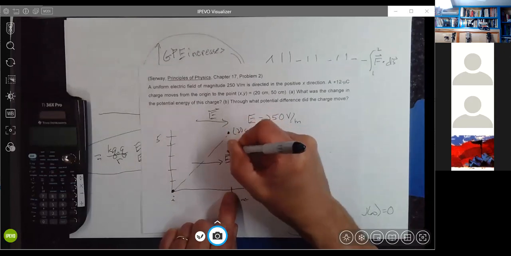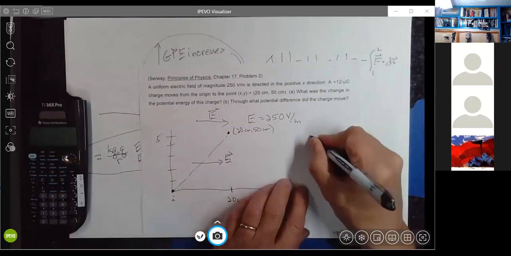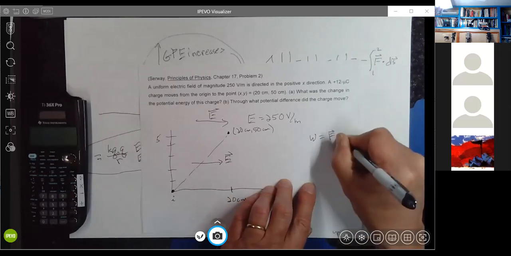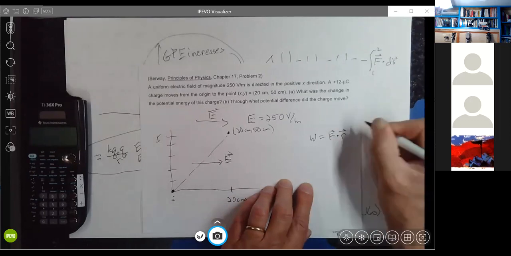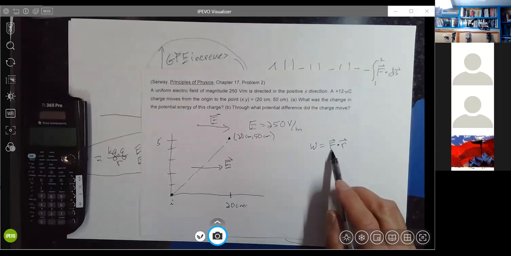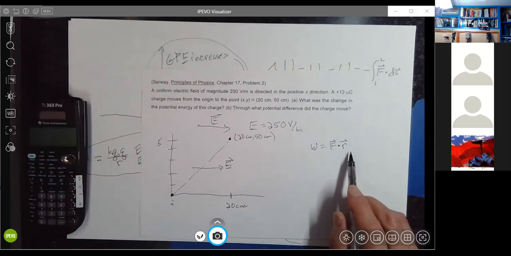So it's like moving something horizontally in a gravitational field. Gravity does no work in that case. Remember, the work done by a force is F dot r. And if the r happens to be perpendicular to the force, the dot product will be 0. Remember, it's got magnitude of this, magnitude of that, cosine of the angle between them, and the cosine of 90 degrees or 270 degrees is 0.